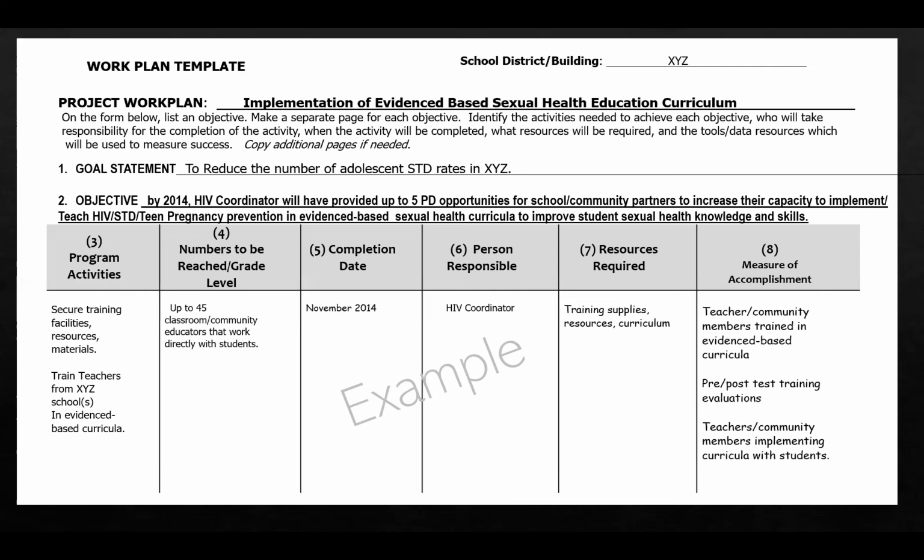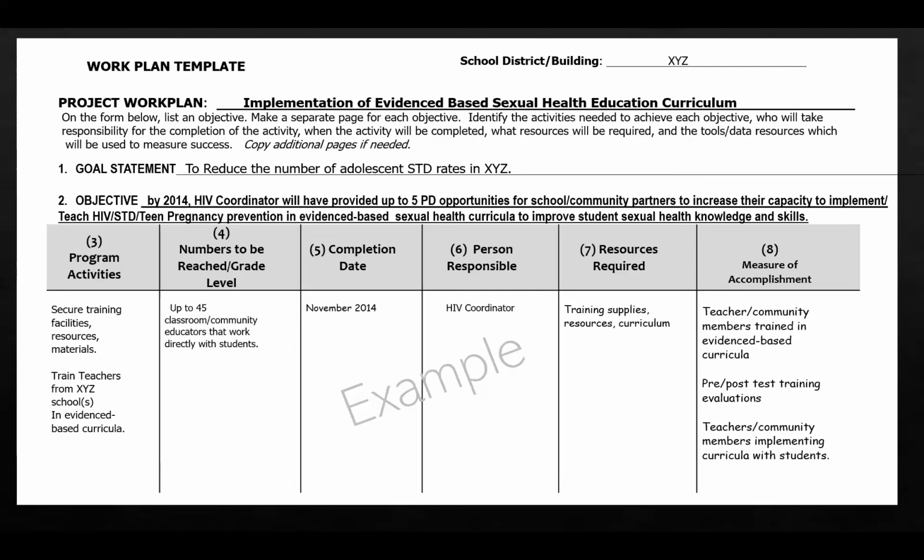And in some cases, if you had to, you could also list training sites, training facilities, that kind of thing, because that is a resource that you would need if you did not have access to one. Measure of accomplishment: the number of people that were trained in the curriculum.